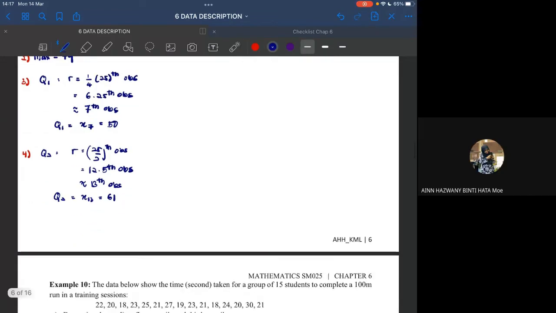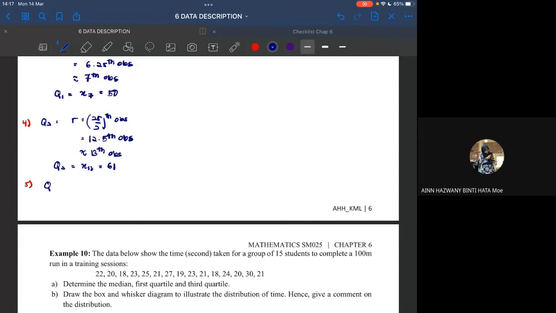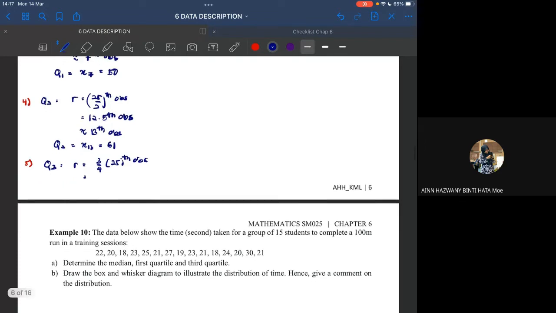Okay, next is Q3. Sama je, basically ulang je step yang sama. So find the observation. We have Q3 ialah 3/4 multiplied by N observation. So here's gonna be 18.75 observation, which is round up kan menjadi 19th observation.